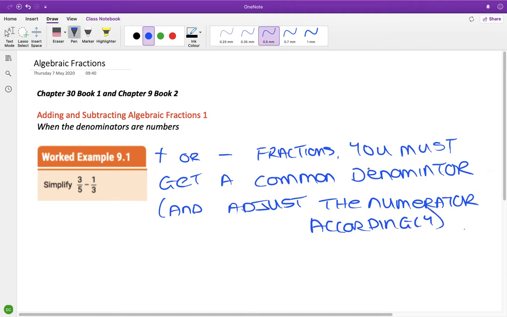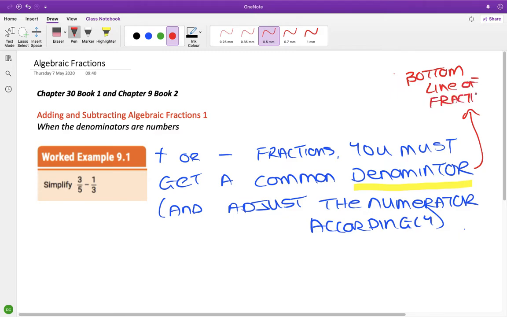Hopefully everybody remembers, but just in case, never assume: the denominator is the bottom line of the fraction, and the numerator is the top line of the fraction.